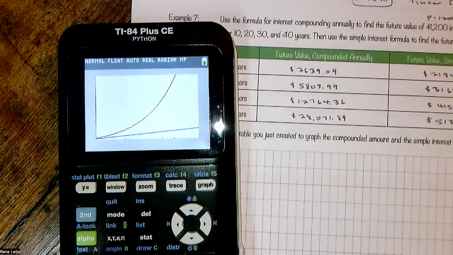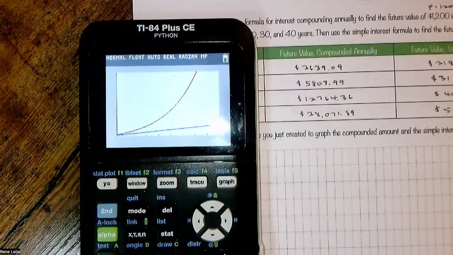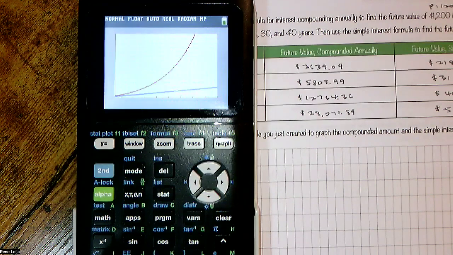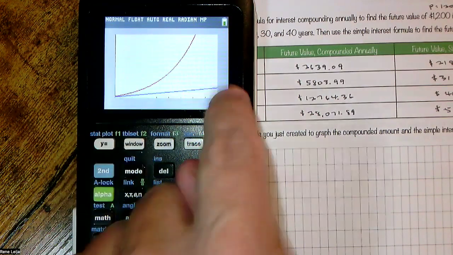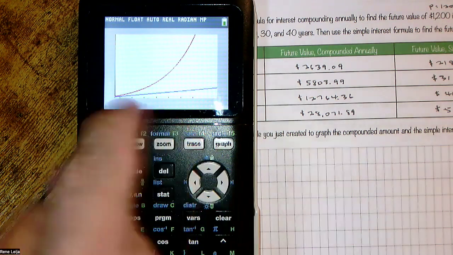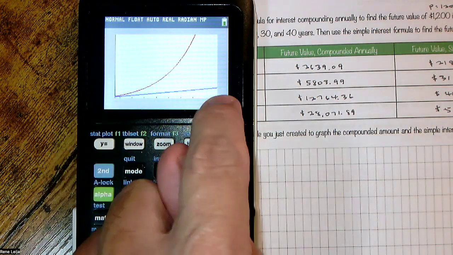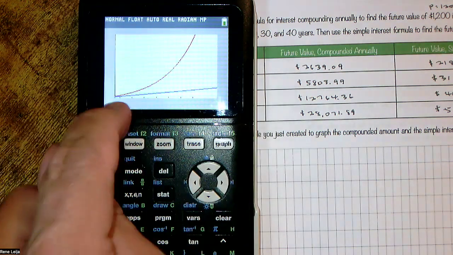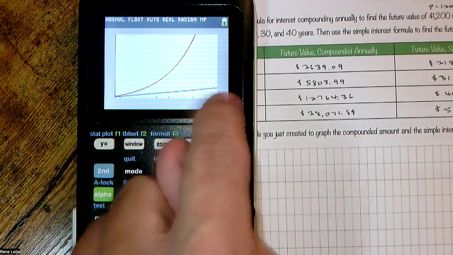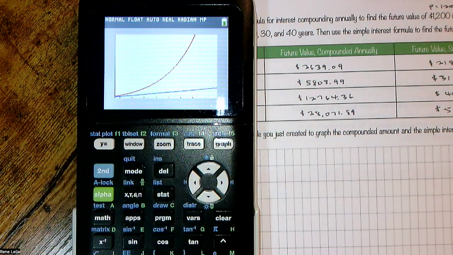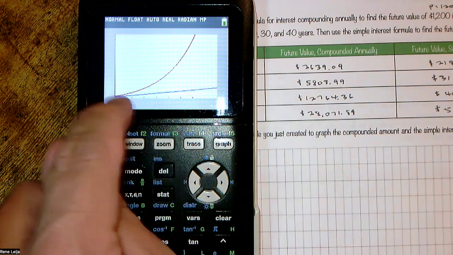Okay, so I went ahead and I paused the video real quick and fixed the window. So now it's not a clean graph because I didn't spend too much time adjusting the window size for each graph. But you can see that the blue line represents your simple interest formula, and you see it's a line.